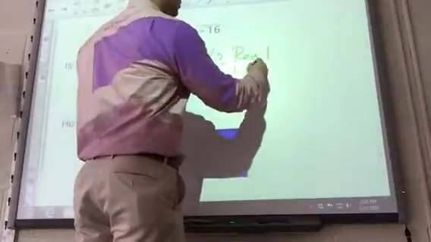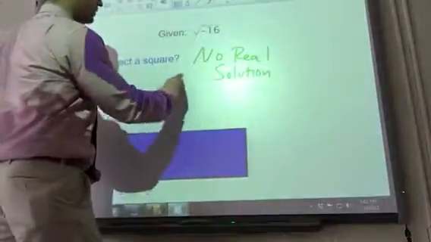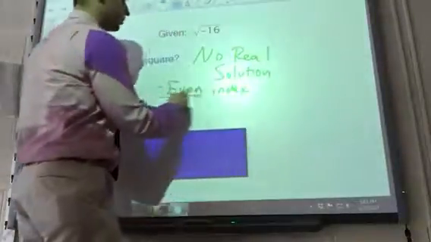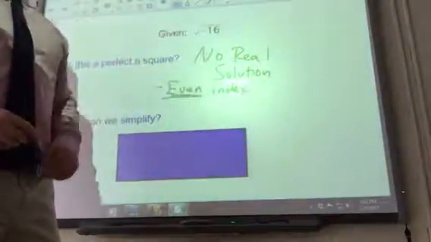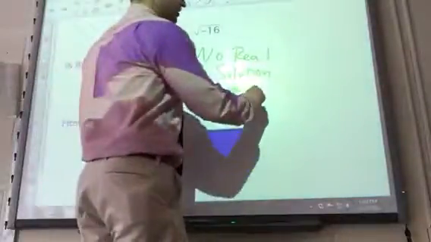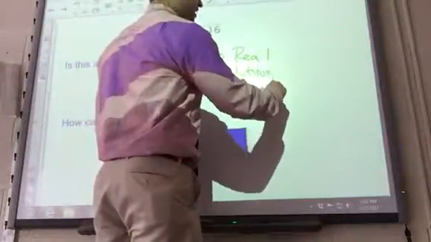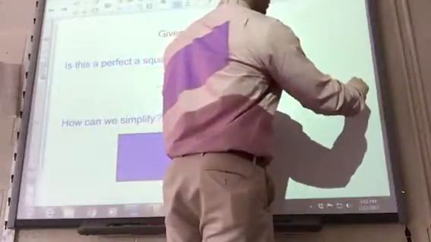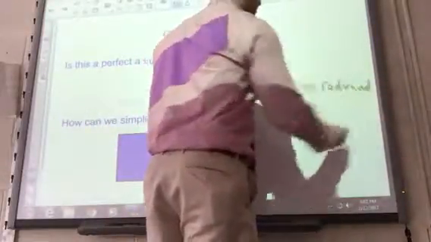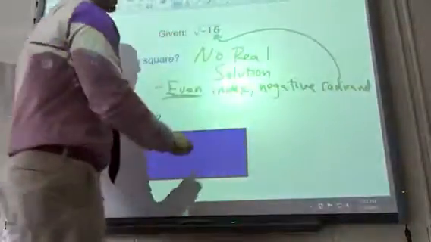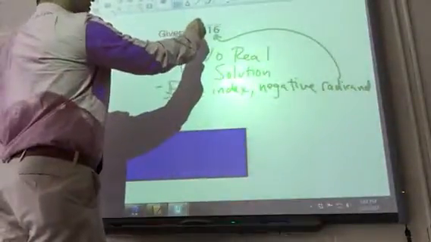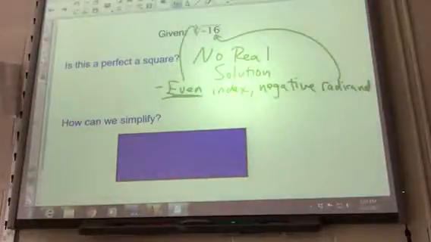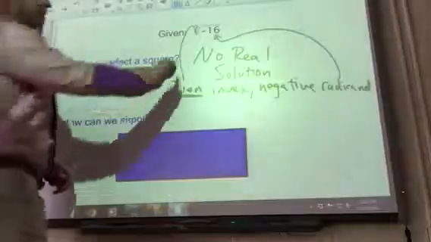And that's when you have an even index. This is really important because you could have an odd index and a negative and it would work. Even index and a negative radicand. Thinking back to those vocab words we started with, even index in this case is 2, and the radicand is a negative 16. So that's a no real solution. And that's all you'd answer.